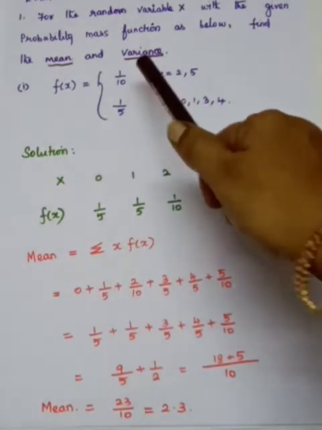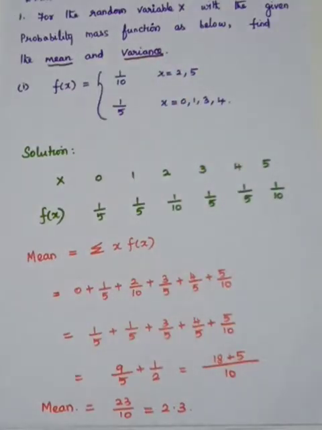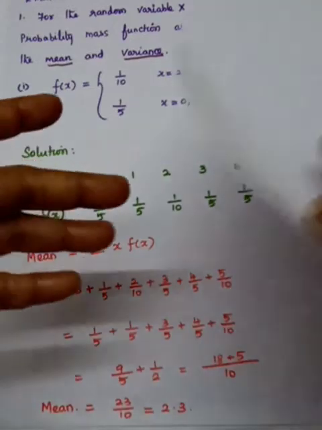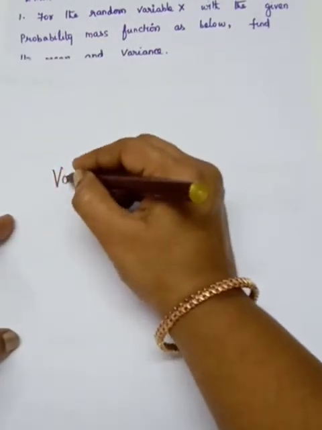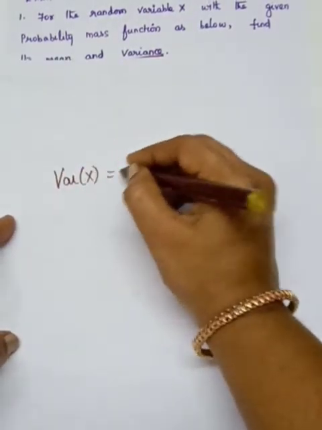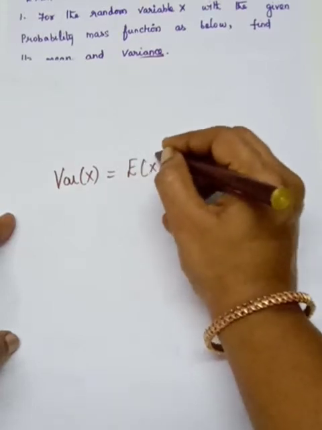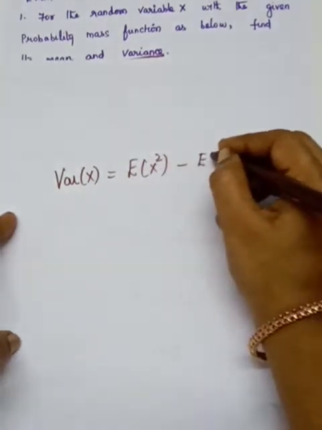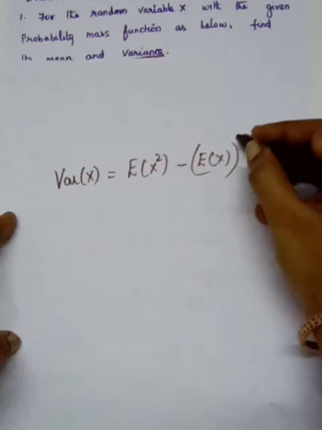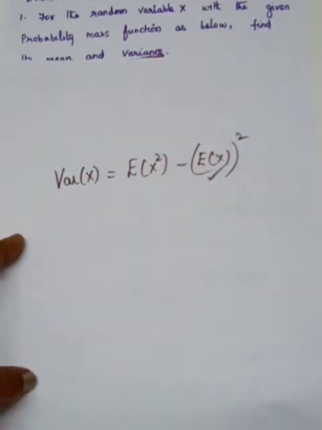What is our next one? Variance of x. What is the formula we have to use? Variance of x is equal to E of x squared minus E of x the whole square. Which one have we found? E of x we have found.